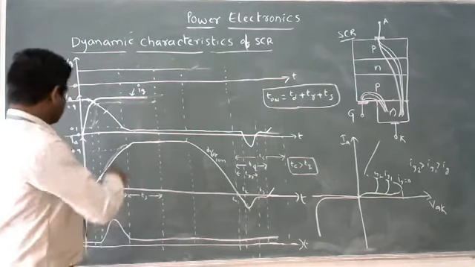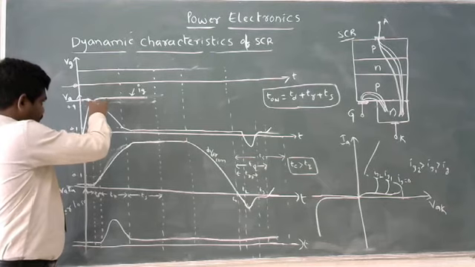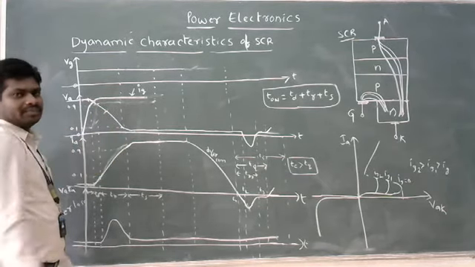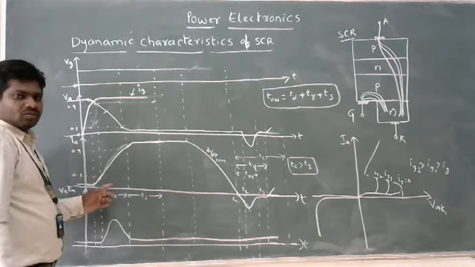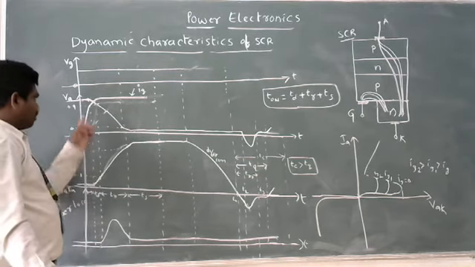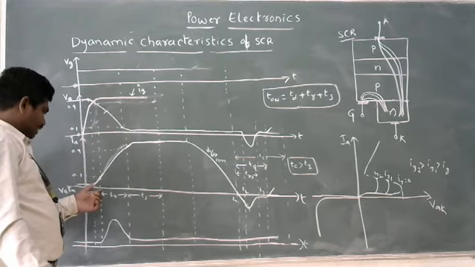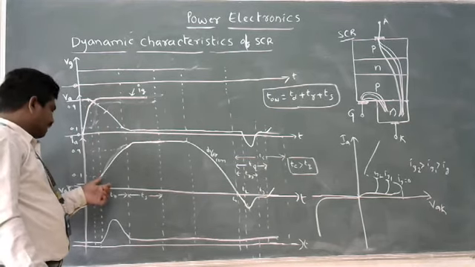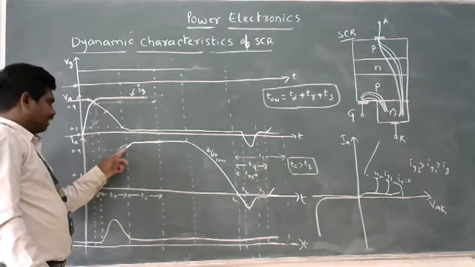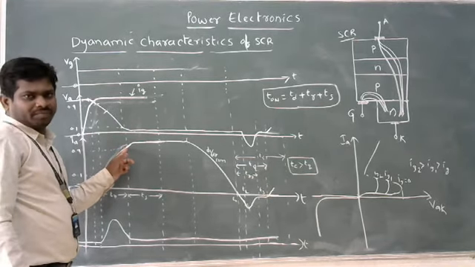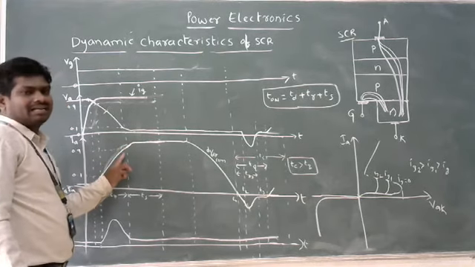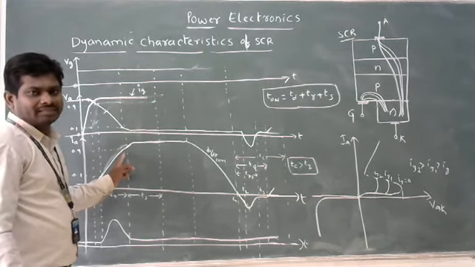Look at this. Whenever the voltage falls from its 90% to 10%, as soon as the voltage falls, our current is increasing. The current flowing through the device is increasing from its 10% value to the 90% value. That indicates there is a rise in current flow through the device.